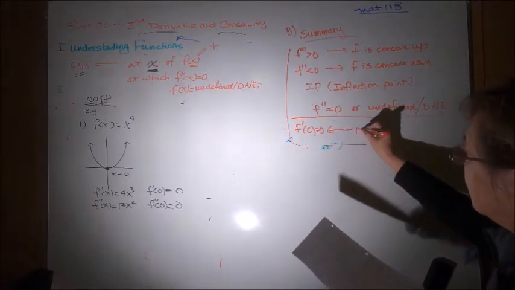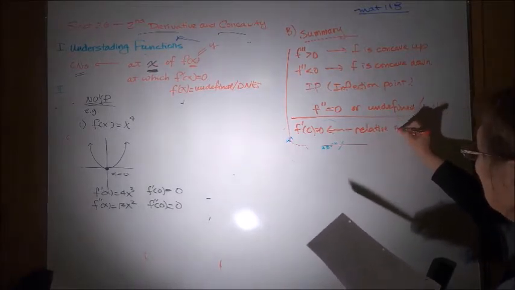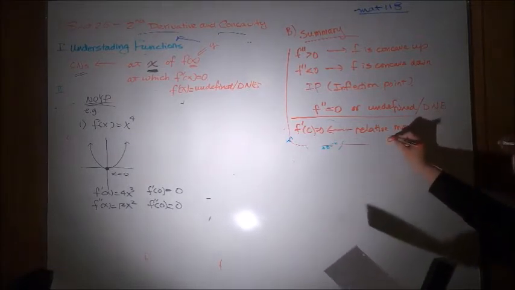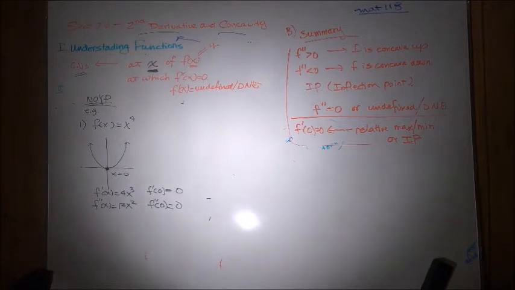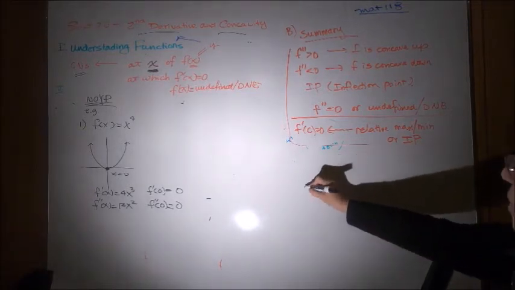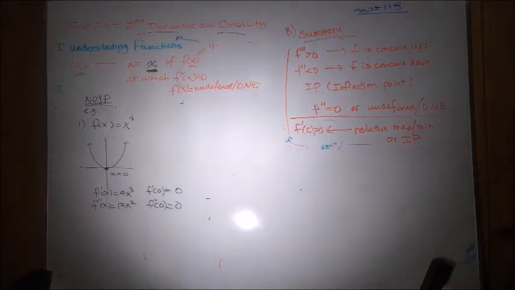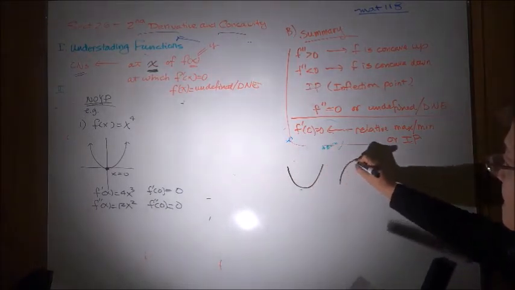It means you have relative maxima or minima or IP, right? We saw it earlier, so we have f prime of c. We have this situation, right, earlier.